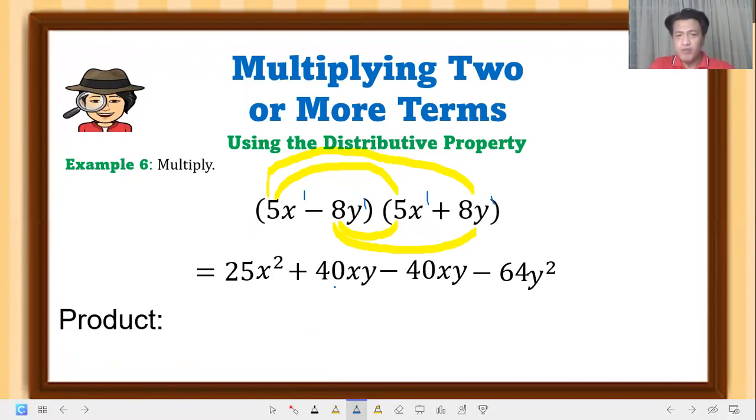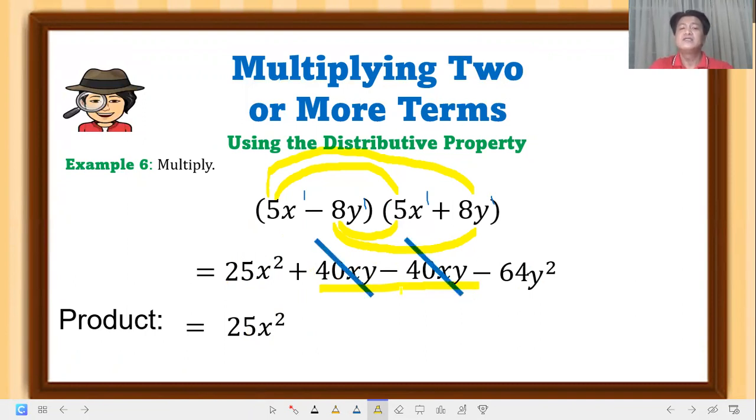Kung titignan natin dyan, pwede natin i-simplify ito. Ito kasi ay like terms. Kaya nga pag tinumbay natin yan, okay, so but before that, you have to bring down kasi wala naman siyang like terms, yung x squared, or that's the literal, no, 25x squared. Then, what will happen to this? Kapag inadd ko yung 40xy tsaka negative 40xy, that will become cancel.